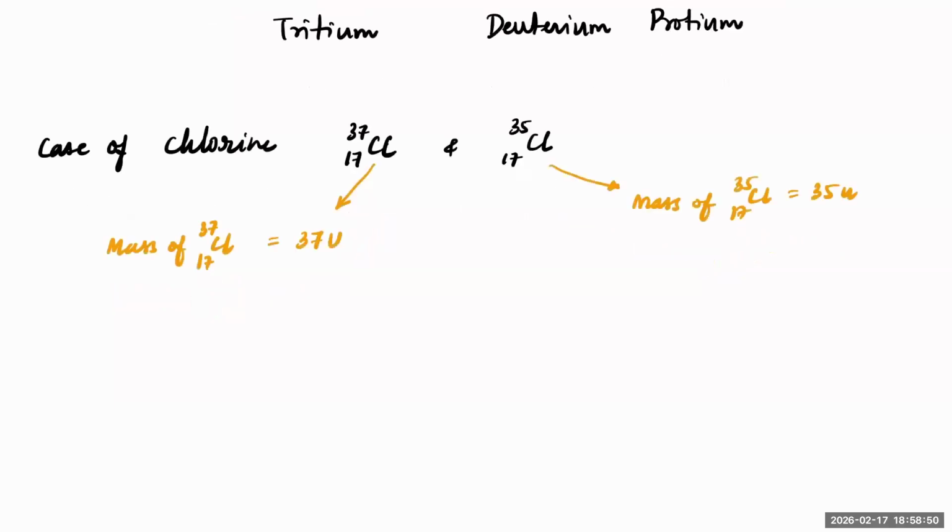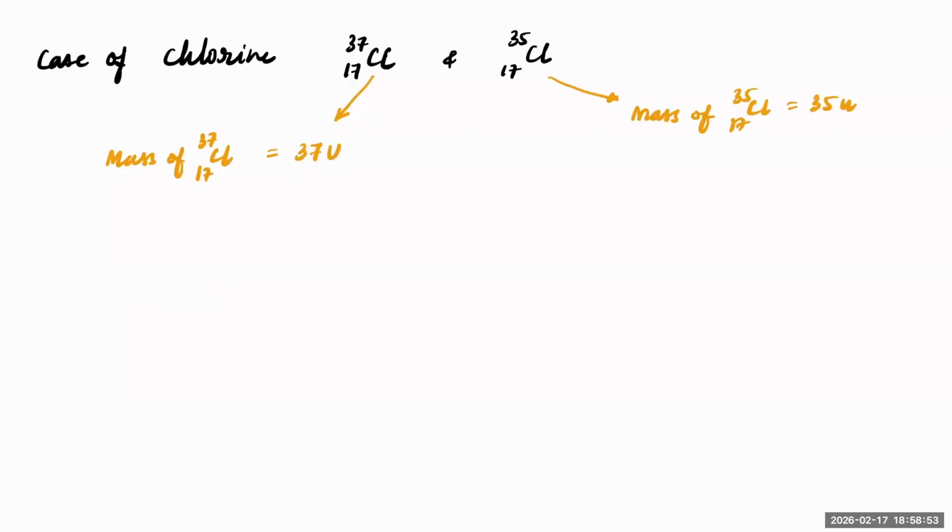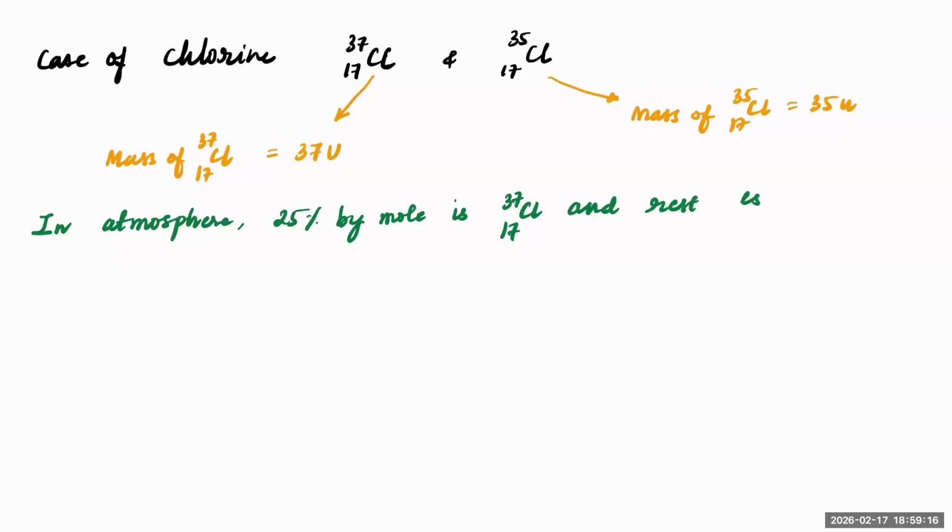Suppose I tell you that in atmosphere, 25% by mole is chlorine-37 and the rest is chlorine-35. This is the amount of chlorine that is present. Got it? Then what will be the average weight of chlorine?